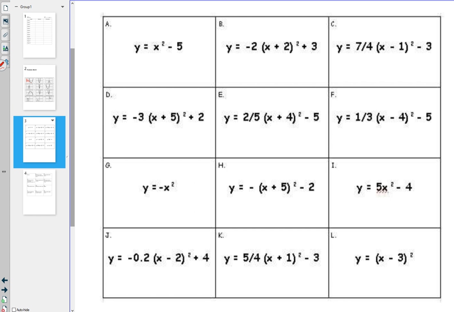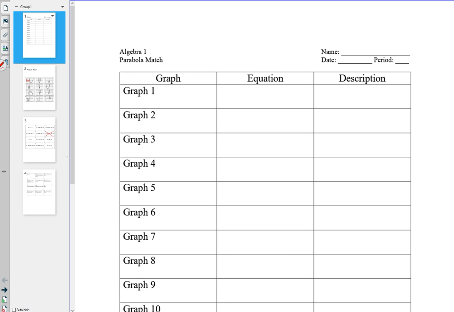Yeah. Is there any other one that it could possibly be? No, because even though this one here, E, looks like it, on E, the H is actually -4, not +4. So I can go ahead then and cross out F. I've already used it.